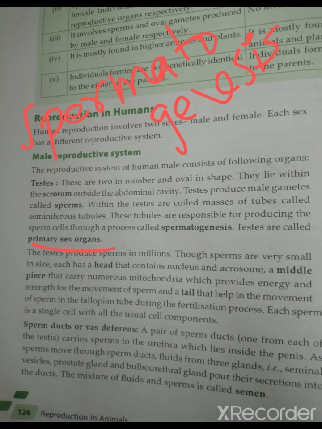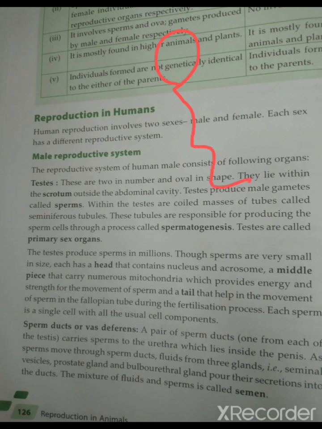You should know that millions of sperms are produced, and they are very small in structure. They have a head, a middle part and a tail. Mitochondria are present in large numbers because they need to give the energy and strength for the movement of the sperm tail during the fertilization process.